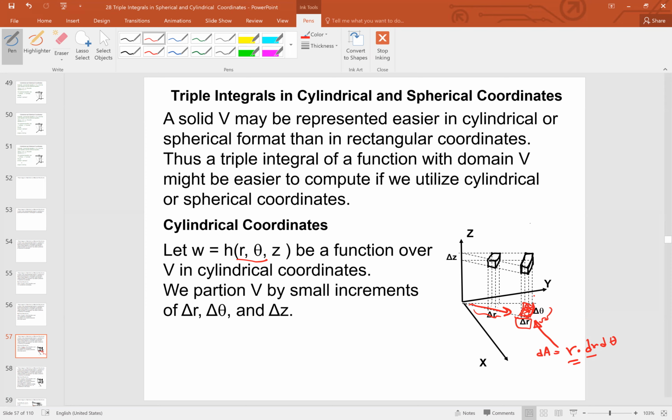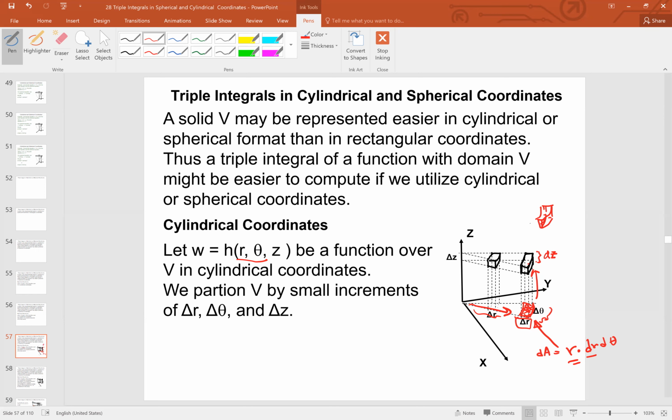Now I take the wedge, and this is the base. I'm going to let z change. Suppose I let z increase a little bit, so it forms a little shape like this with the same base as before.